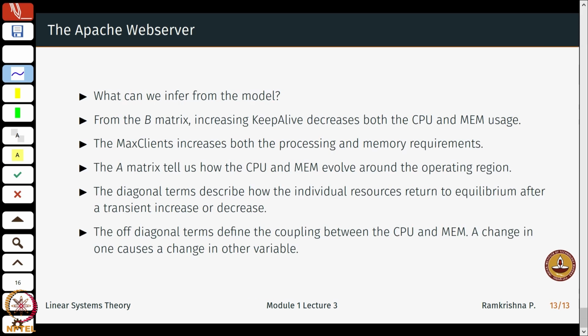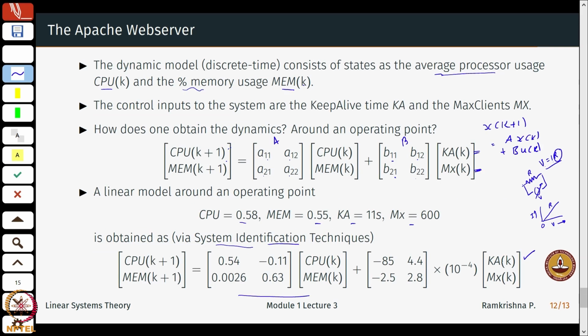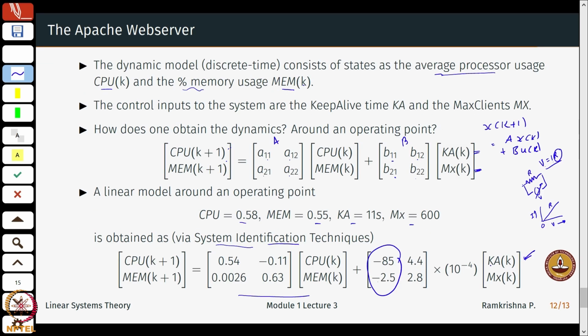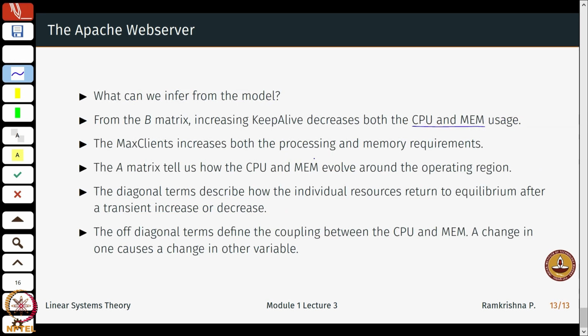From the B matrix, as the KeepAlive time increases, this is captured by this column of the B matrix. You see that as the KeepAlive time increases, because of these negative entries, it decreases both the CPU and the memory usage. Similarly, increasing the MaxClients, the effect of it is captured in this column. You see that increasing MaxClients actually increases both the processing and memory requirements.